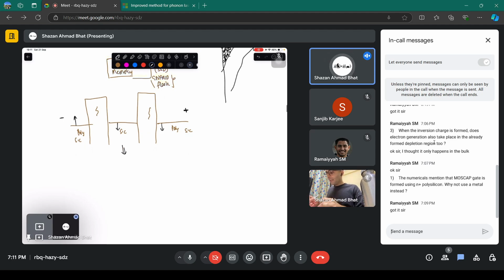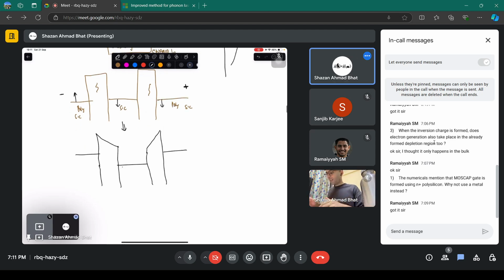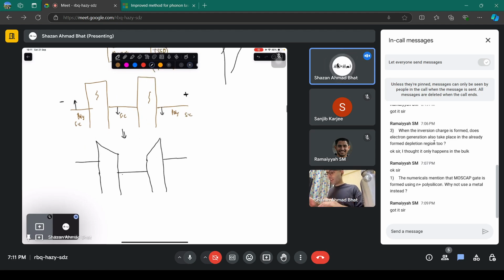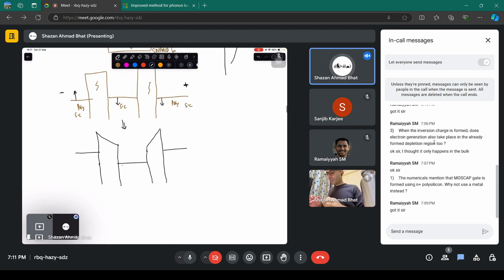You have a band bending like this. I'm showing it roughly. You won't be able to understand the deeper electrostatics of it because these are two coupled MOS capacitors right now. But I just want you to think of this concept.